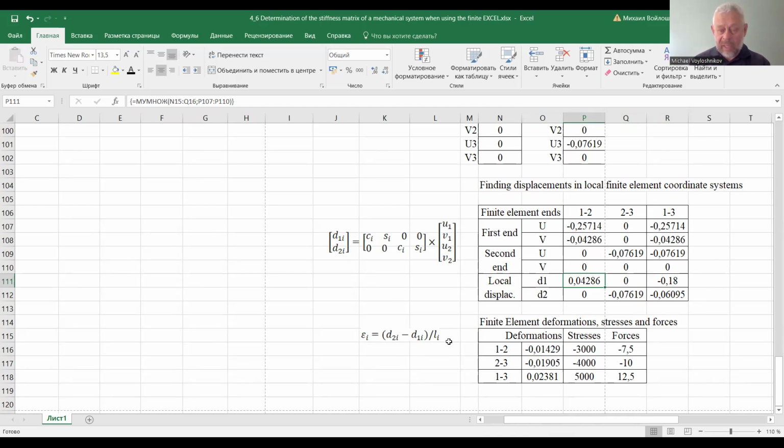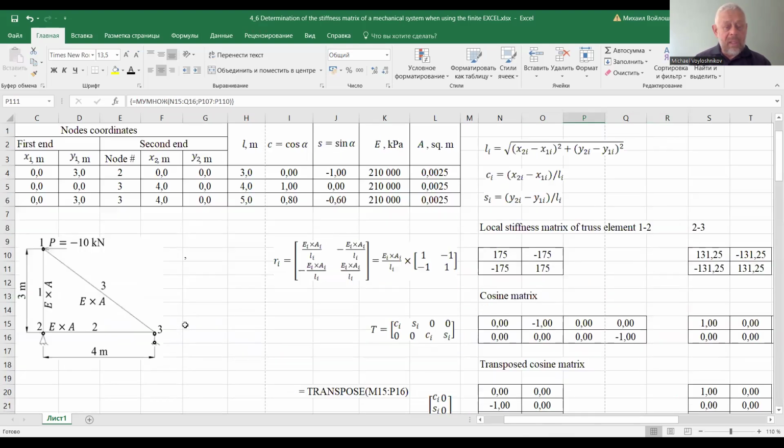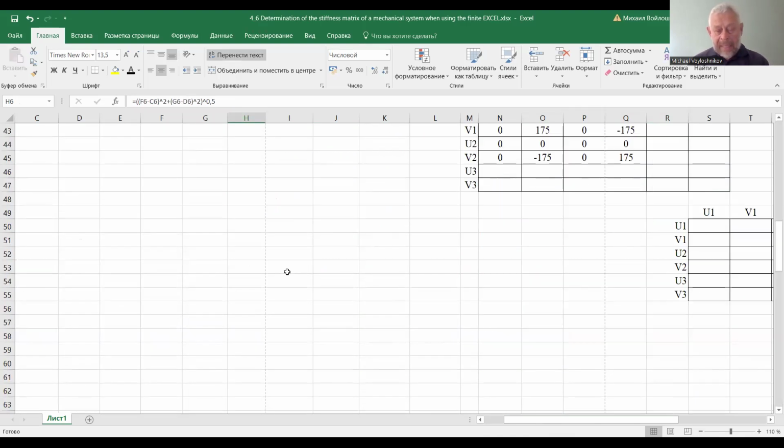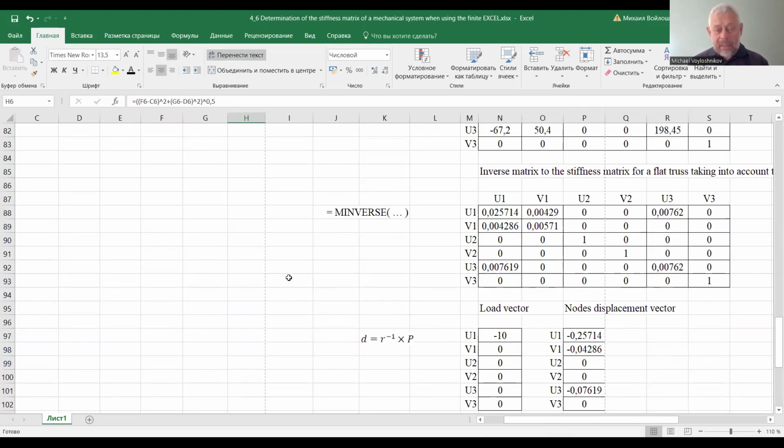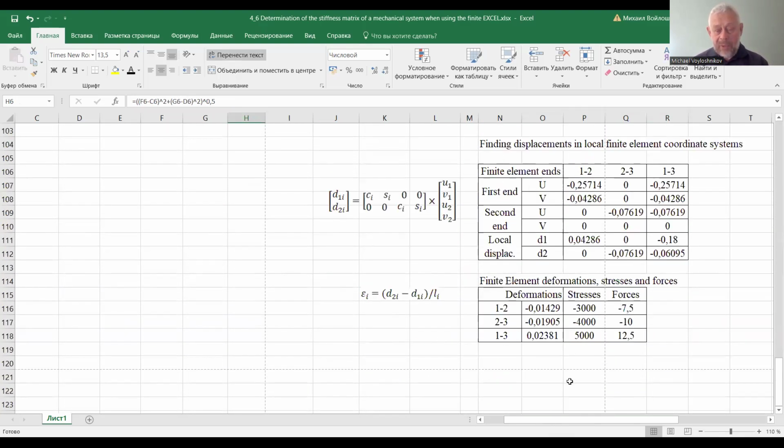This is the first finite element, and the length of the finite element we take from the geometry matrix of the initial data assignment. So for the first column we divide by 3, for the second by 4, and for the third by 5. Thus we got the deformations.